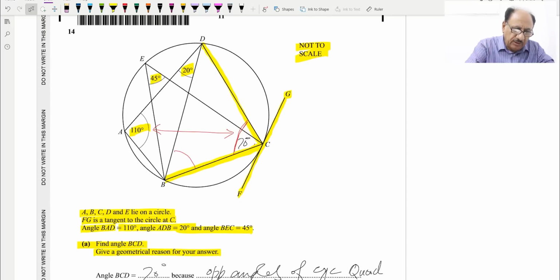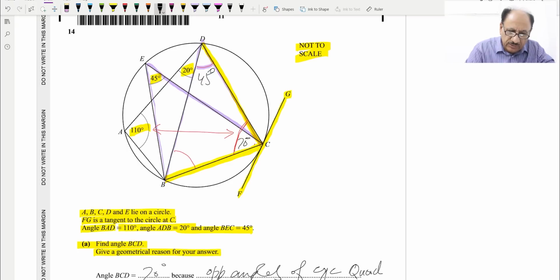Next is B part I, and this is saying find angle DBC. For angle DBC, we can first find this angle. This one, angle BEC is equal to BDC. So these are angles in the same segment. So this will be 45 degrees.